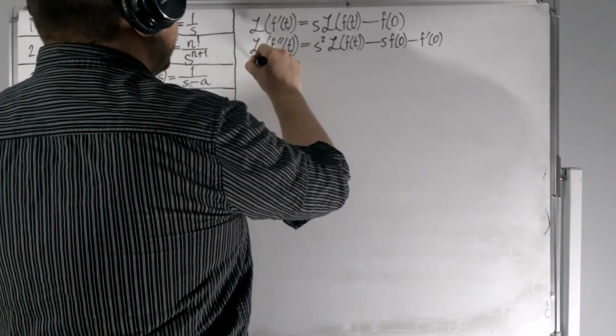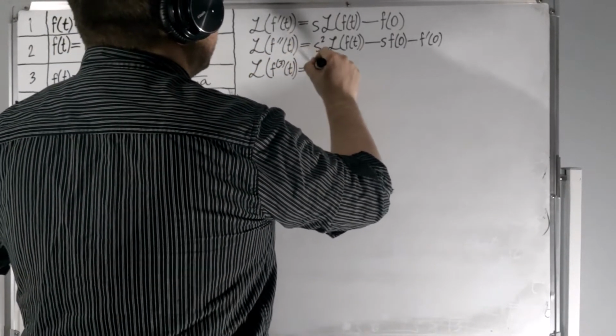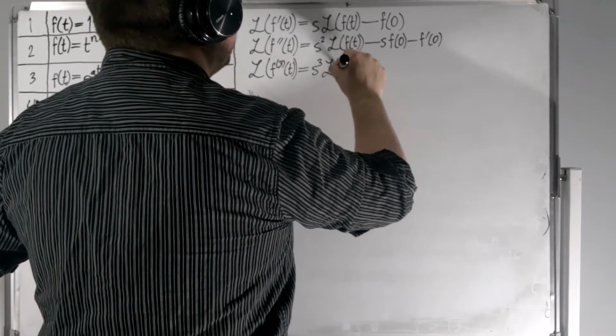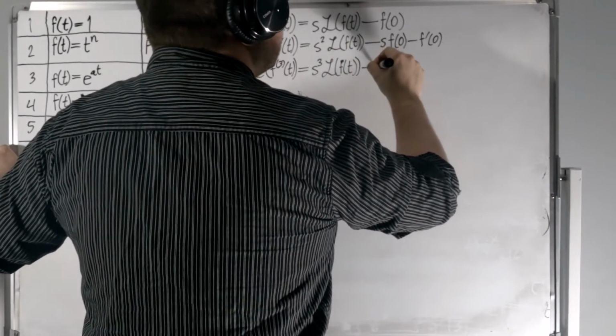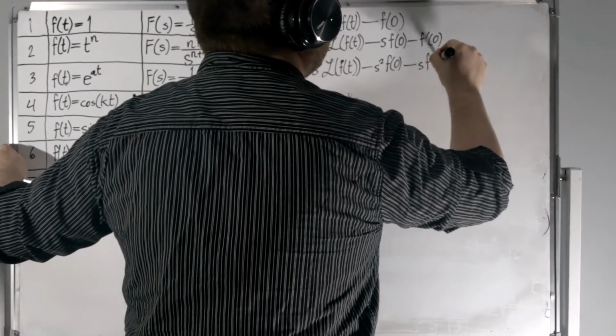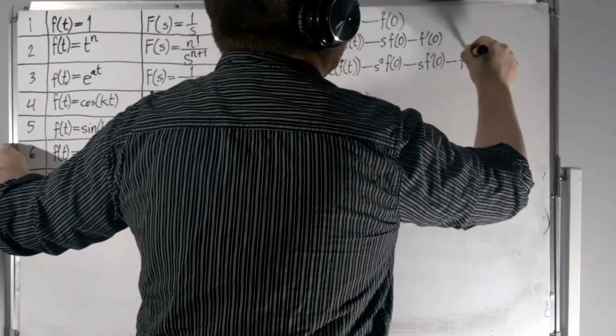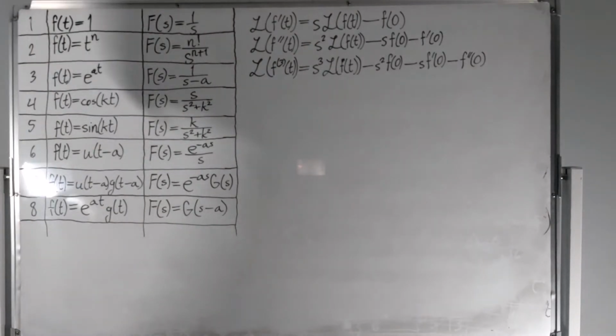The Laplace transform of the third derivative is going to be s cubed times the Laplace transform of the original function minus s squared f of 0 minus s f prime of 0 minus f double prime of 0. And so on. This pattern continues. And if you look at the appendix at the end of my notes, you'll see that I have the same information there.